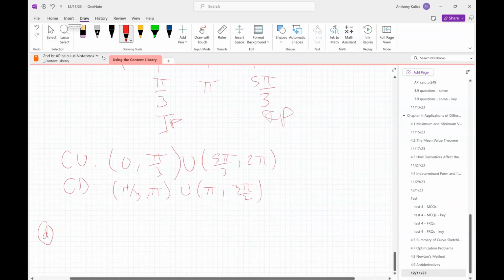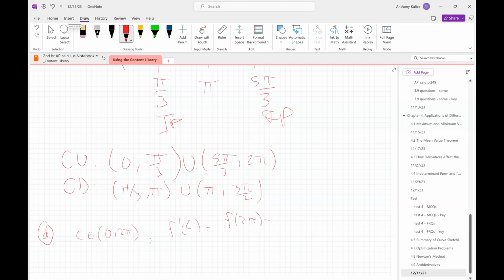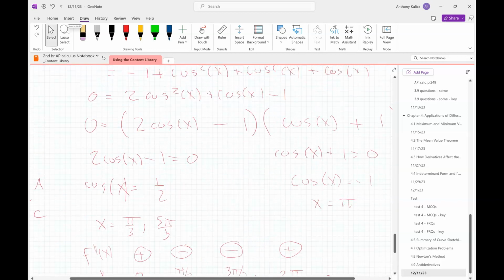And then part D was me trying to be nice and throw you a softball at the very last question. It says, find all C such that C is on the interval from 0 to 2 pi, and f prime of C is equal to this. What was f of 2 pi?